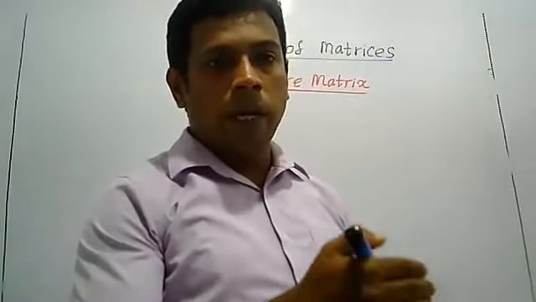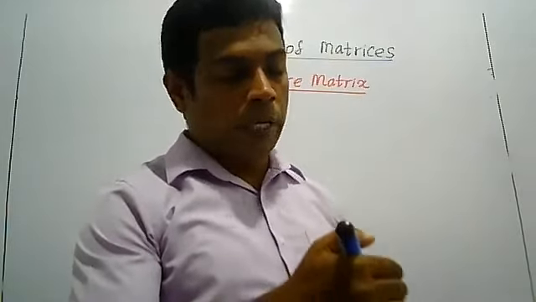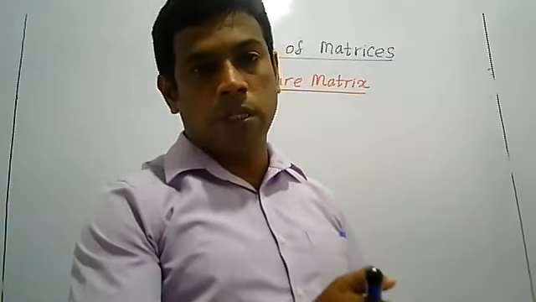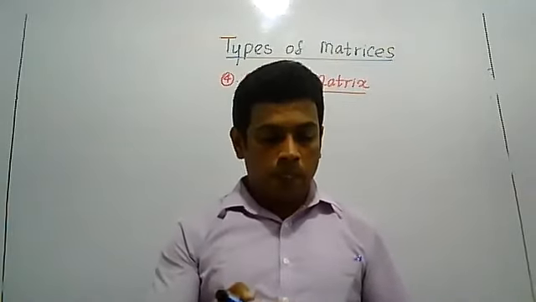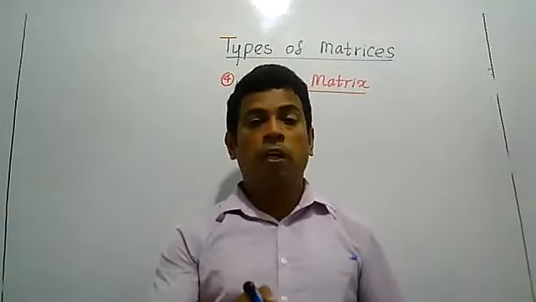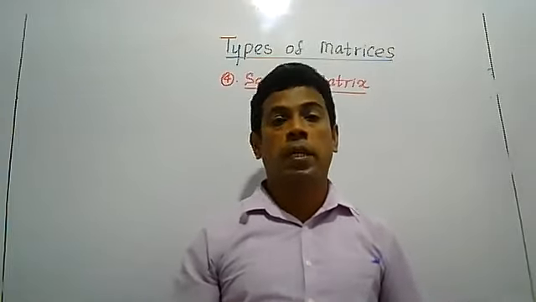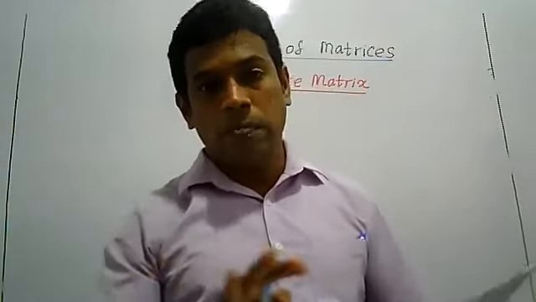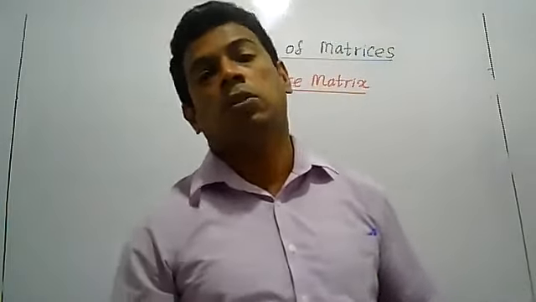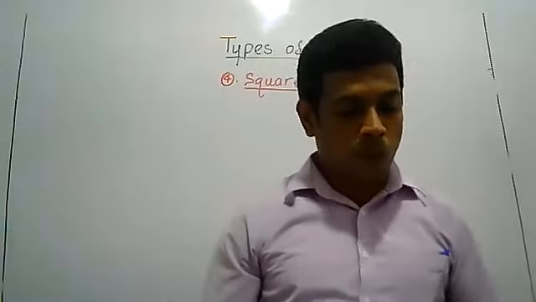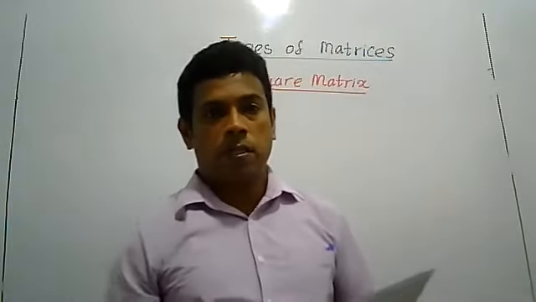In the paper, I have explained all the types of matrices and given the definitions. But when you write the definition, we want to write how you can represent that definition using an example. Therefore, when I explain the theory for all these types, I will give you three examples. Now the next one, square matrix.